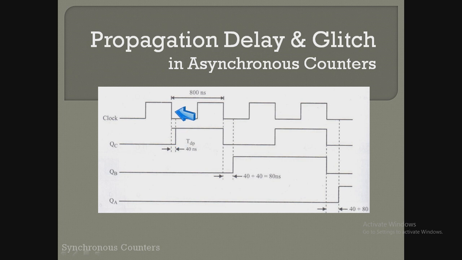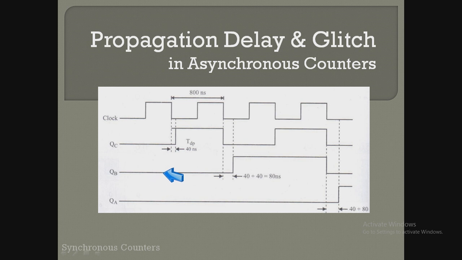This means that on receiving the negative edge of the clock pulse, the triggering will not happen immediately. It will happen after some delay. Let us suppose this delay is 40 nanoseconds, so 40 nanoseconds is the propagation delay of the first flip-flop. Now this pulse, if you remember, was fed to the second flip-flop.